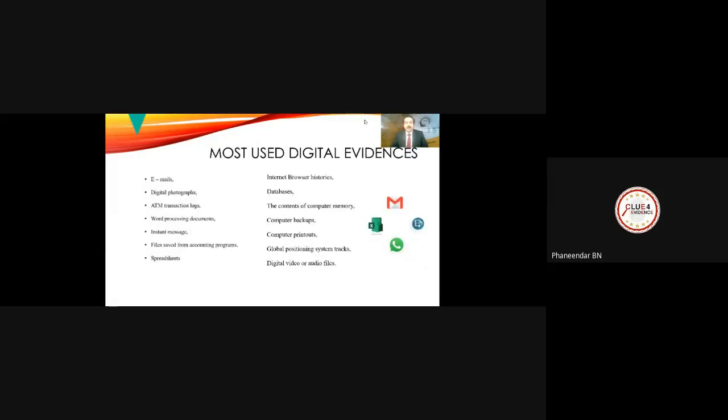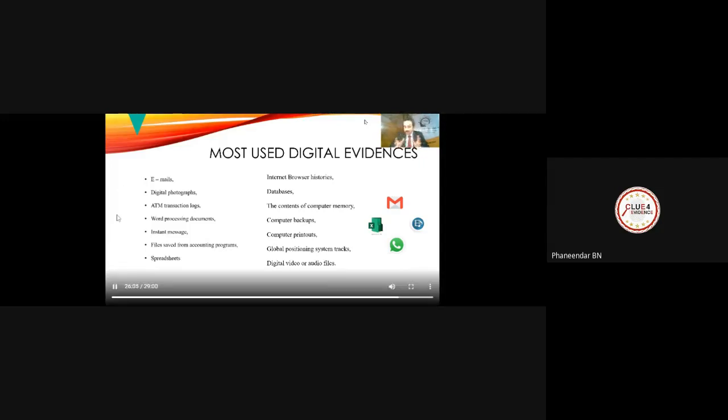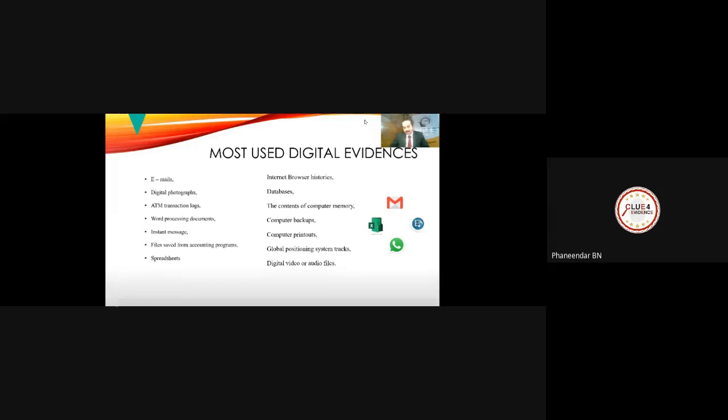However, the most commonly used digital evidences are something which I am trying to bring onto the screen. Emails, digital photographs, ATM transactions, Word documents, instant messaging applications, which include WhatsApp, Instagram, Facebook Messenger, Telegram. All these things come under instant messaging applications. Files saved from accounting programs, which include the Tally backup or any such application used for accounting purposes.